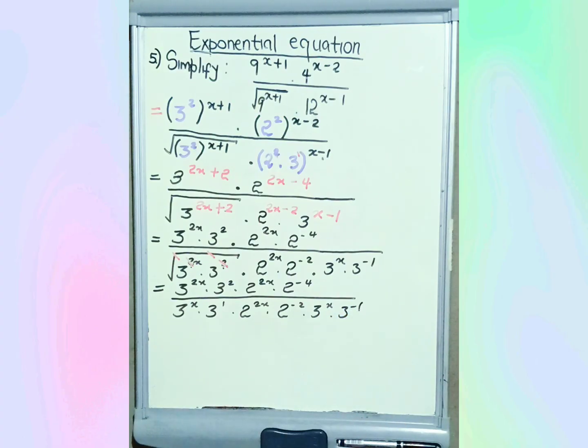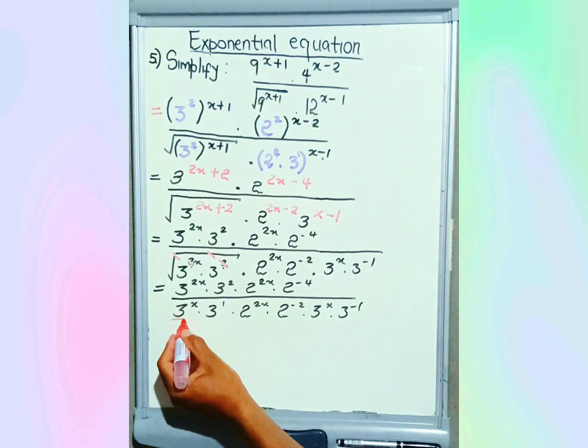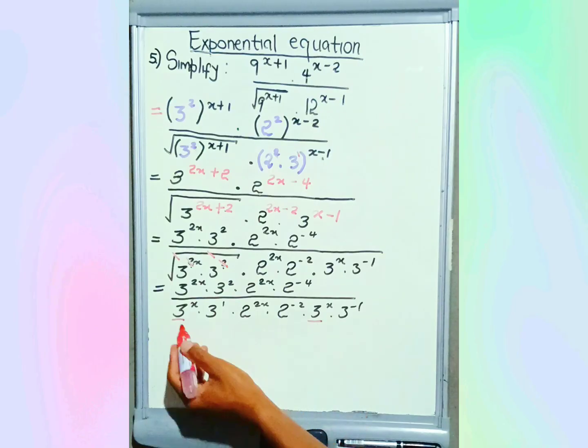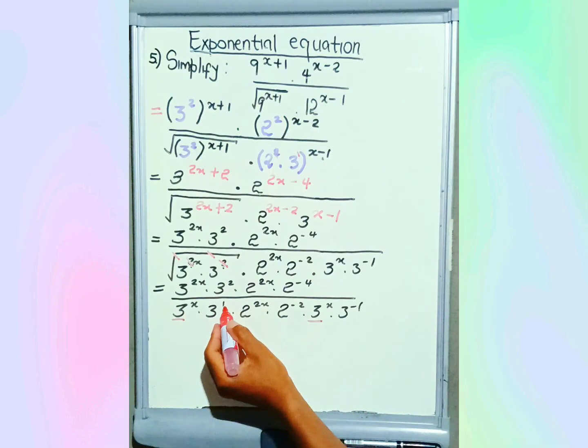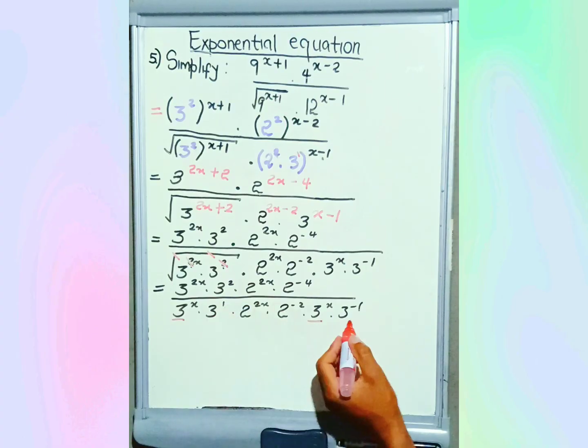Then now I'm just going to collect the like terms. Do you see that these are the like terms? They are the same. 3 raised to x is the same as 3 raised to x, and also 3 raised to negative 1 is the same as 3 raised to negative 1.